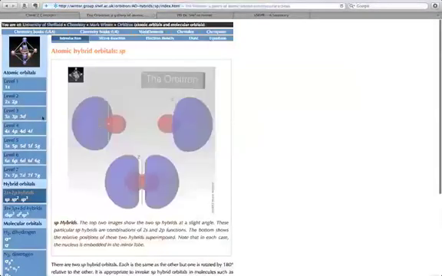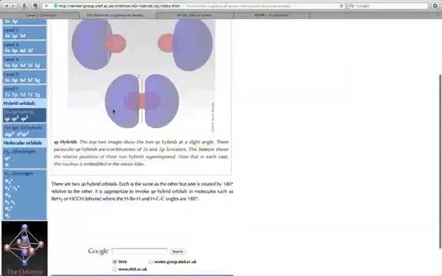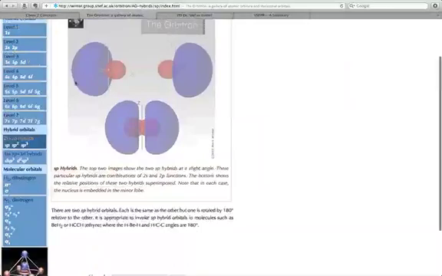We bring in 1 s orbital and 1 p orbital, and you bring them together, and you get this multi-lobe system with the bulk of the density pointing away from the atom. So if you overlap these 2 structures, what we see is a central atom that then has 2 lobes of bonding. Now, this is an sp orbital, 1s, 1p.